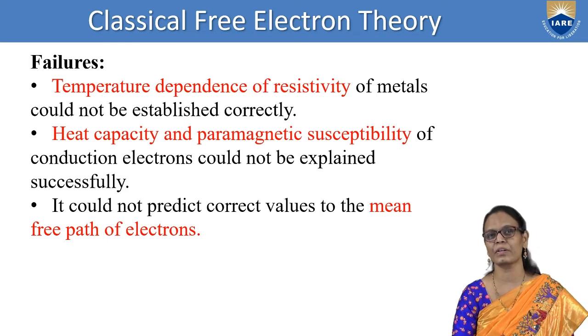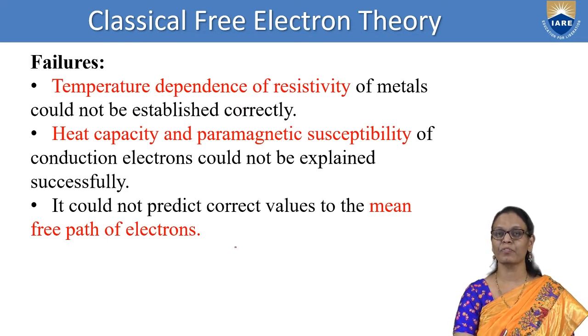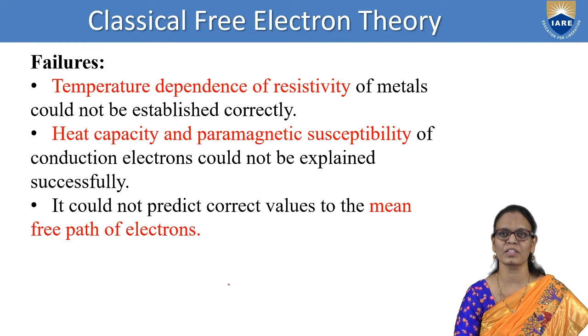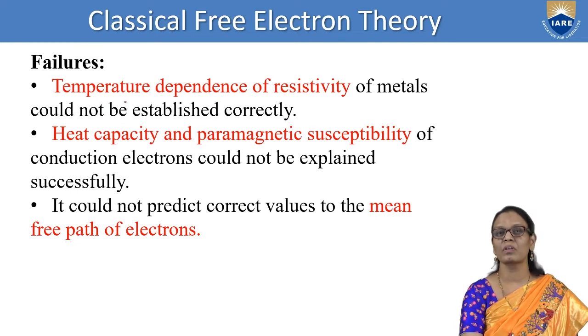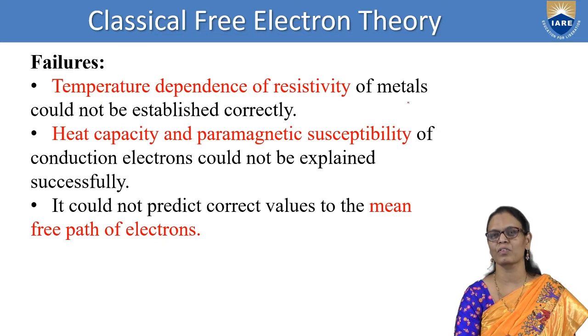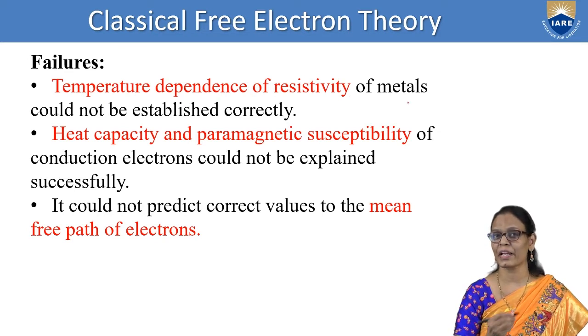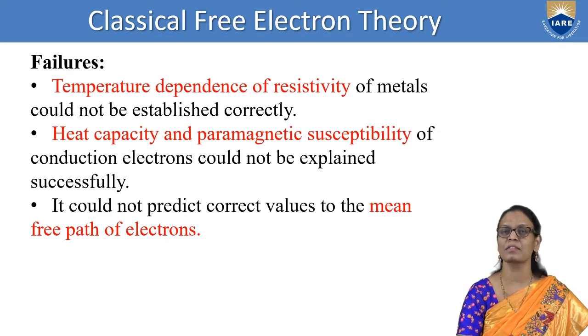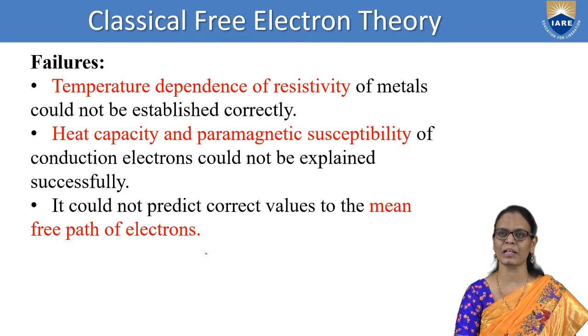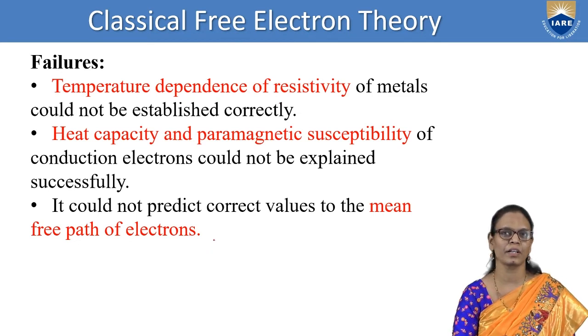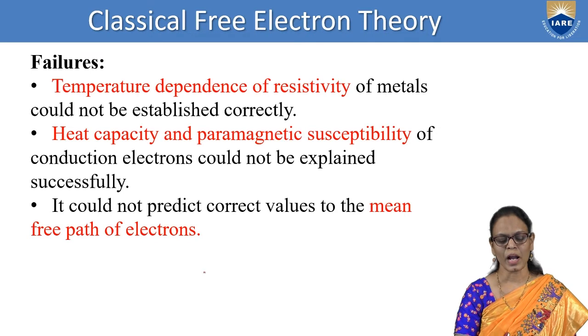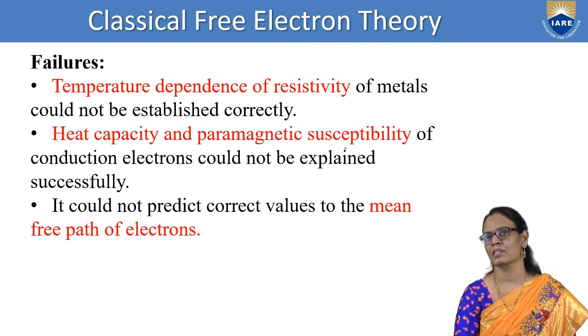Now coming to the failures. Where did classical free electron theory fail? It could not explain the temperature dependence of resistivity of metals. If the temperature varies, how does the resistivity vary in metals? This free electron theory could not explain. And also the heat capacity and paramagnetic susceptibility.